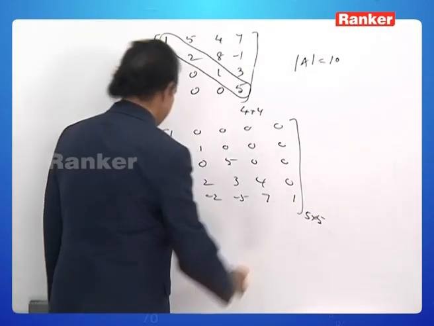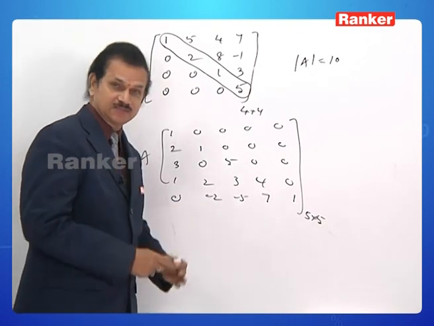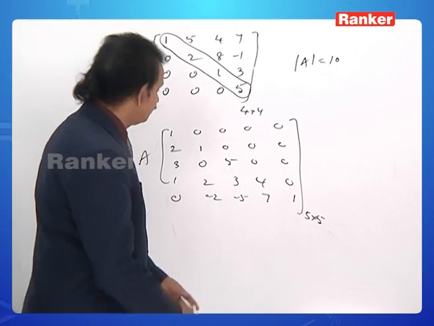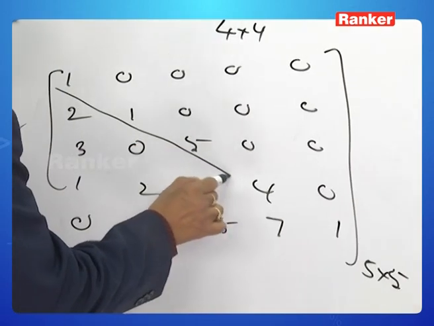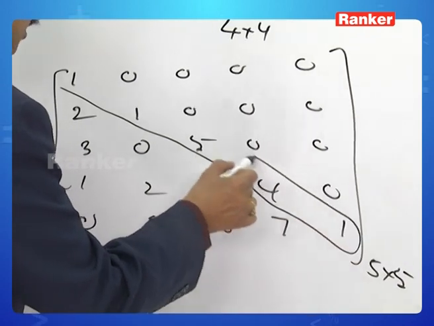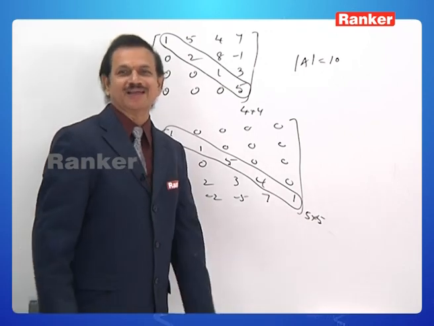Observe this matrix. This is a 5 by 5 square matrix, and the speciality in this is that it is a lower triangular matrix, isn't it? It is a lower triangular matrix.